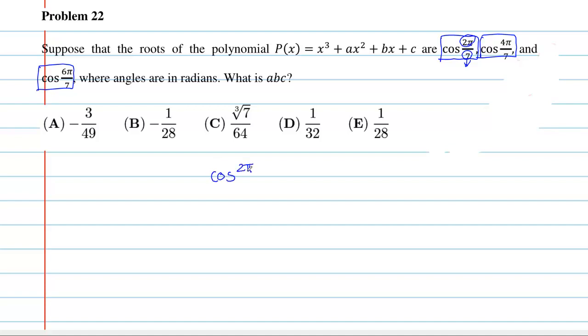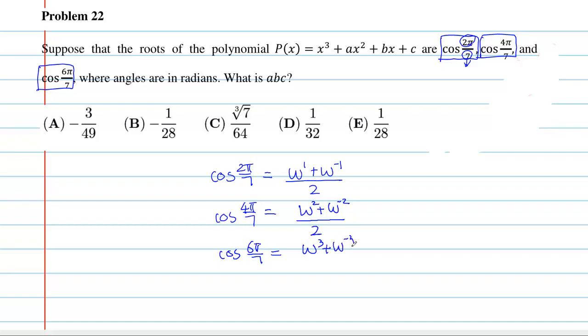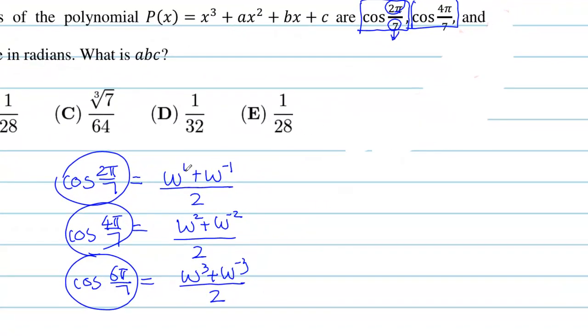Cosine 2 pi over 7 can be expressed as W1 plus W negative 1 over 2, its conjugate. 4 pi over 7 is W2, times 2 is 4 pi, so that is W2 plus W negative 2 over 2. And cosine 6 pi over 7 equals W3 plus W negative 3 over 2. You can express each root using Euler's formula.